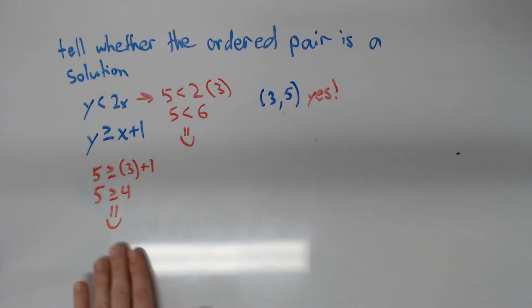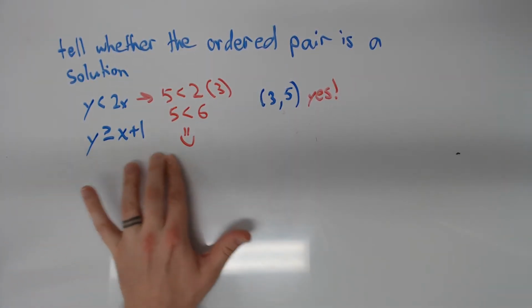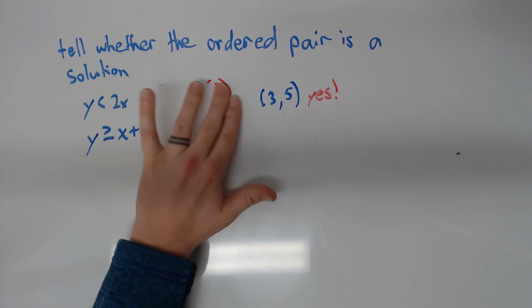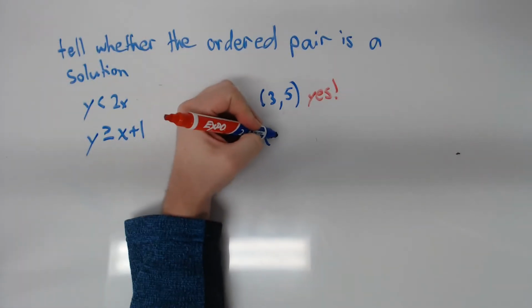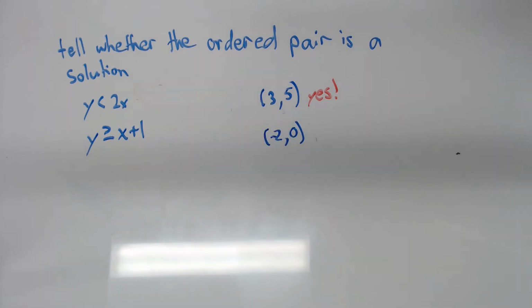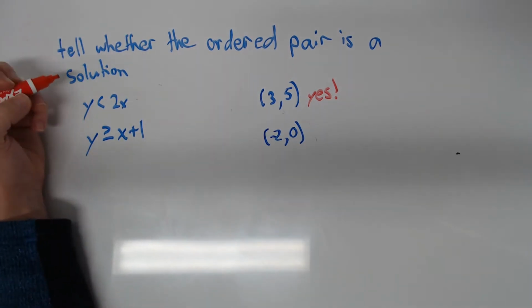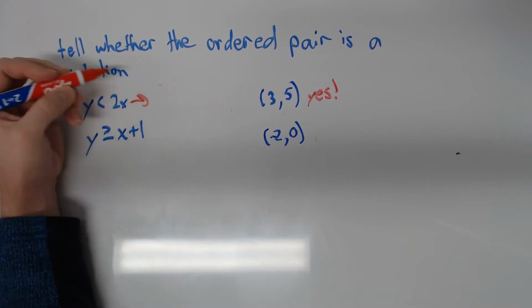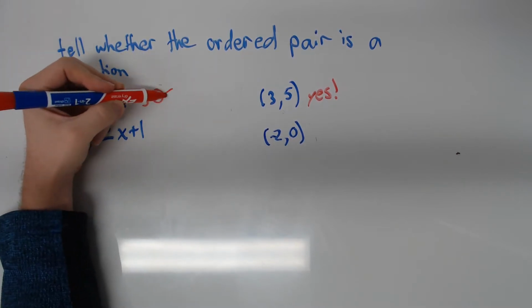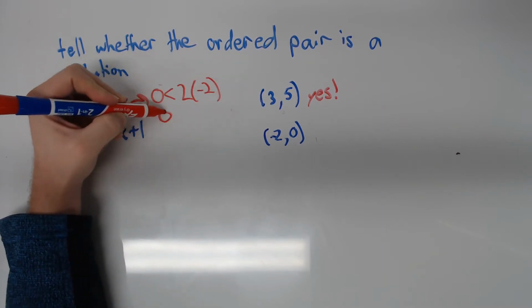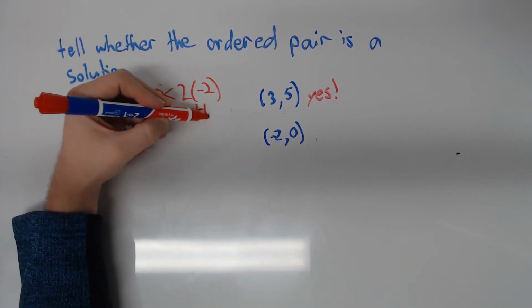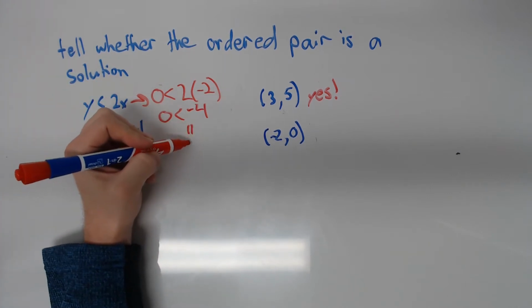All right, we got one more. So we'll erase our work for that one. Check the point -2, 0. That 0 is always nice, because plugging in a 0 is one of the easiest things we can do. 0 for y, less than 2 times -2. 2 times -2 is -4. 0 is not less than -4.